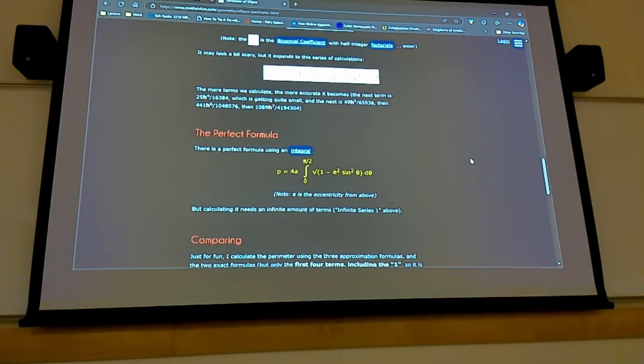Or the perfect formula, which I disagree with. That is not the perfect formula. Oh wait, that's right. We just did area. Yeah, I would agree with that. Perimeter would just be the line integral of the parameterization, or circulation of the parameterization r of theta, d theta.